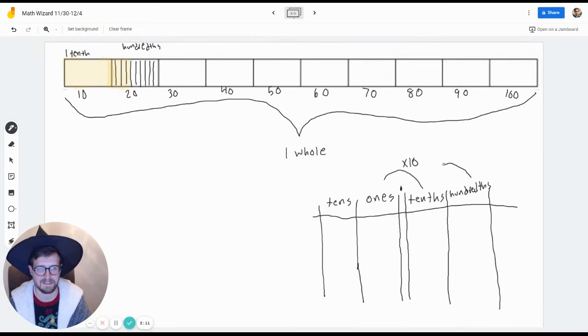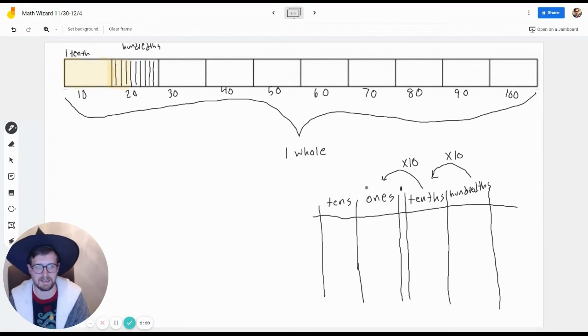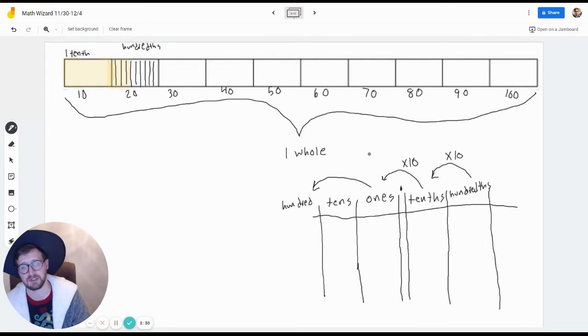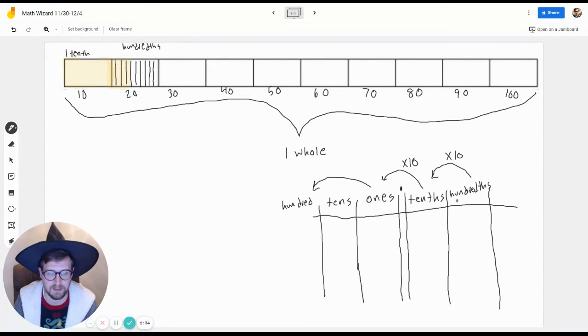And this hundredth, it takes 10 of them to make 1/10. And just like it takes 100 ones to make 100, it's going to take 100 hundredths to make one whole. And that's why they're called hundredths.